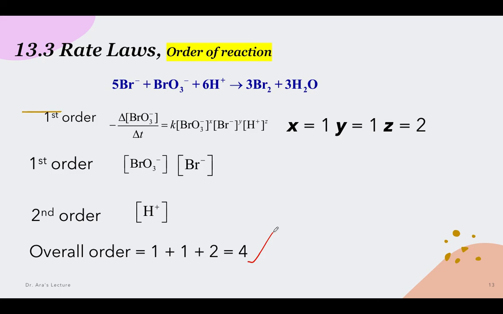I hope you are clear and like this lecture. So that's all for part 2, rate law and the order of reaction. In part 3, we will talk about the integrated rate law.